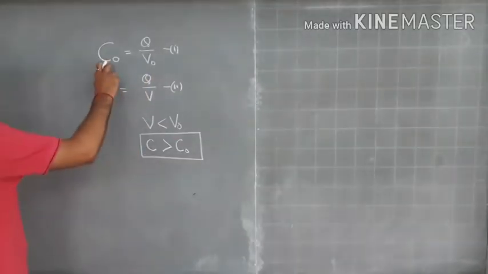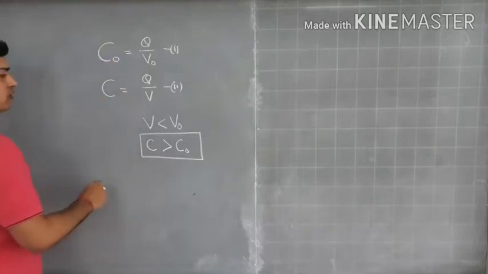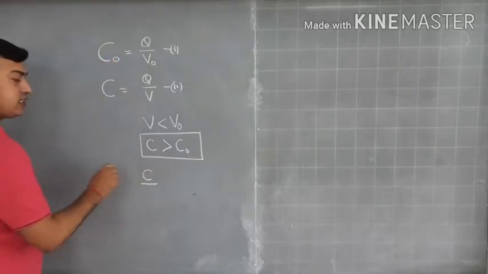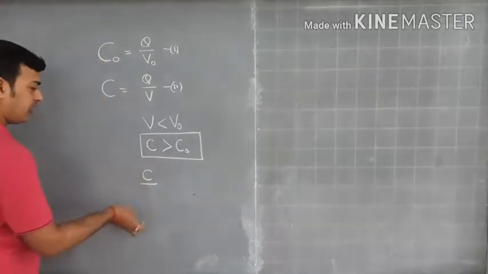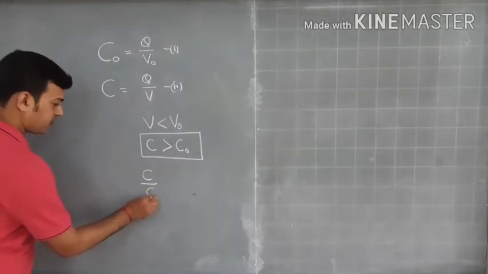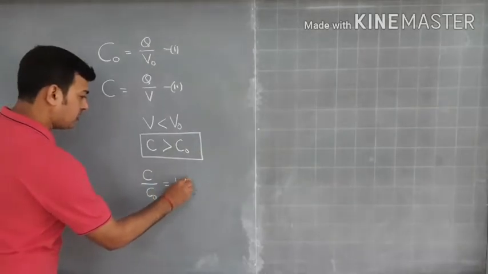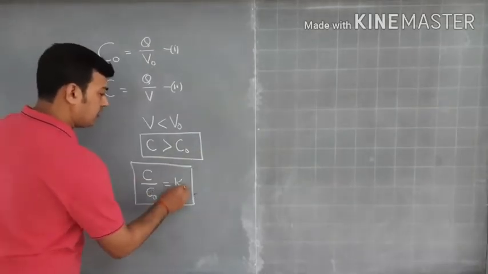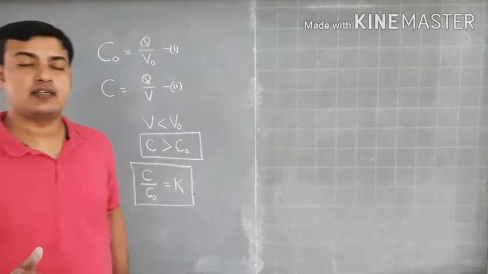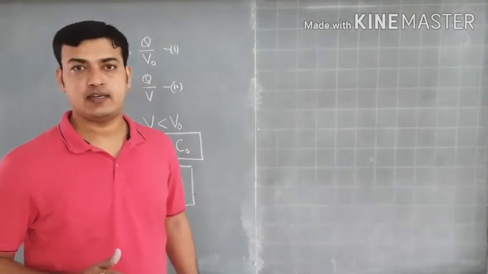Now, if I find the ratio of the capacitance of a capacitor with the dielectric and the capacitance without the dielectric, this ratio is termed K, where K is the dielectric constant of that dielectric.